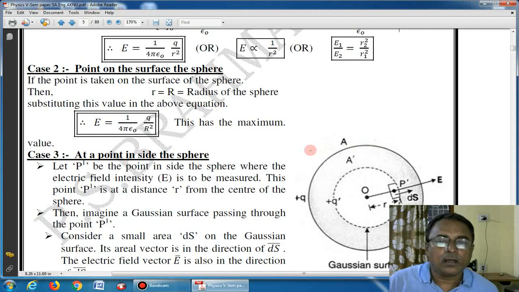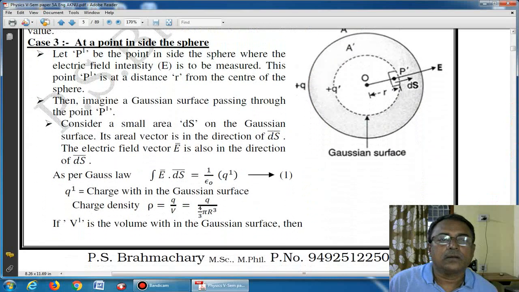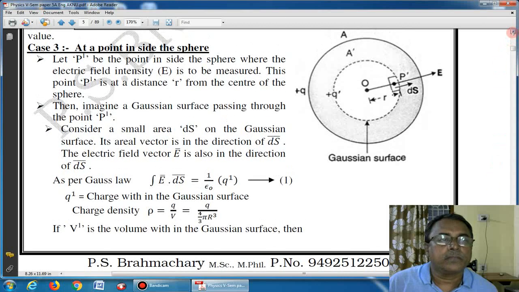Let capital R be the radius of this sphere. When the charge is given, the charge is uniformly distributed. Here the point taken is at a distance smaller from the center of the sphere.